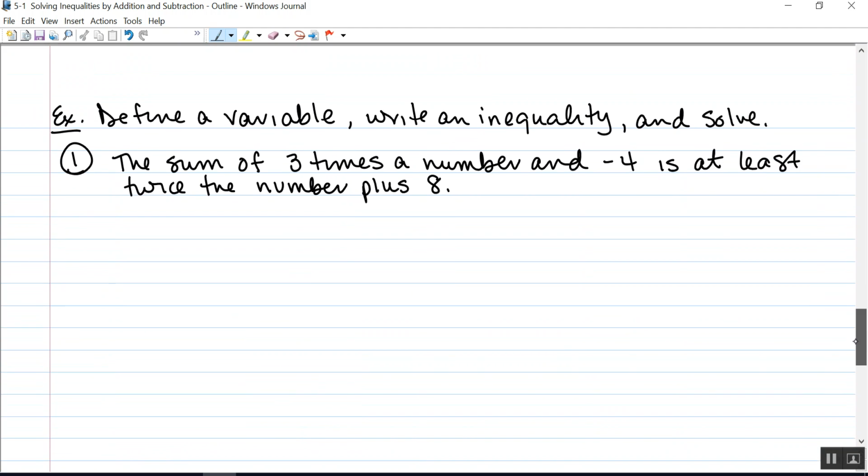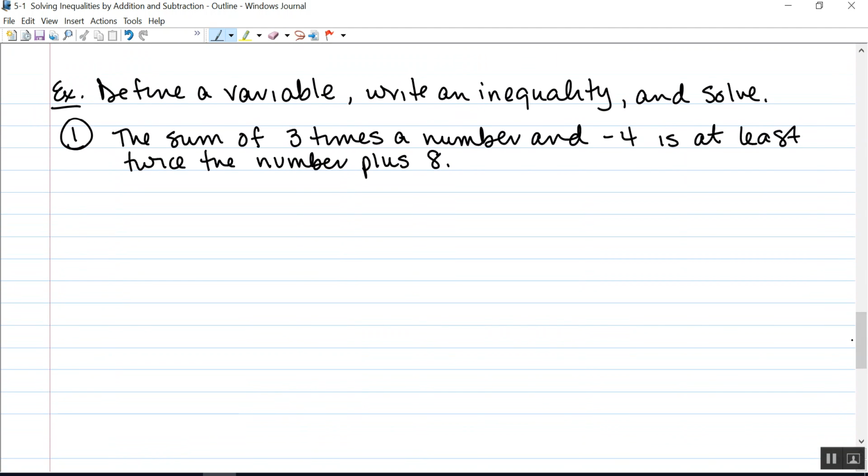Let's take a look at an example here. Define a variable, write an inequality, and solve. The sum of 3 times a number and negative 4 is at least twice the number plus 8. So the first thing to do is define our variable. I'm going to say let x equal the number. Remember, defining a variable means writing a let statement.